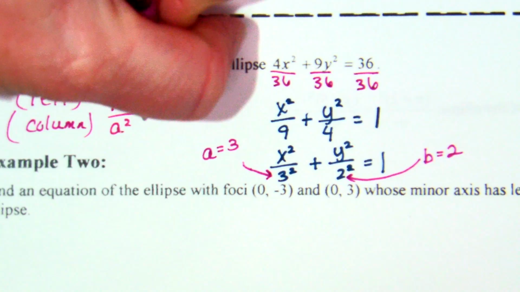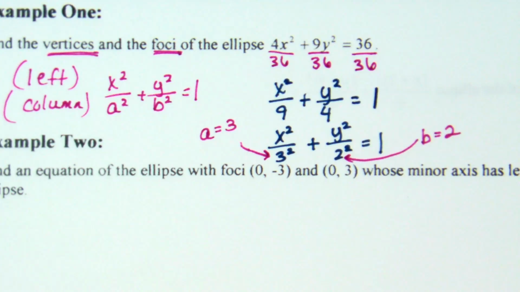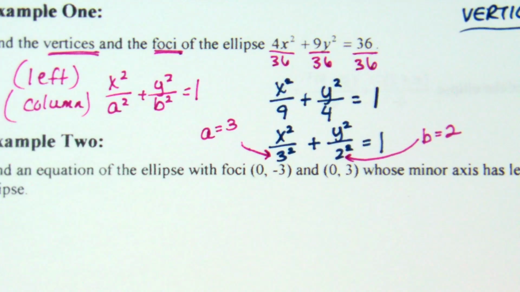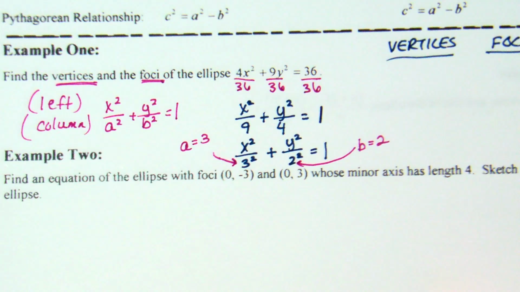Now, the question becomes, backtrack, what were we asked to find? Foci and vertices. Okay, vertices and foci. According to our chart up above, what does it say about vertices?